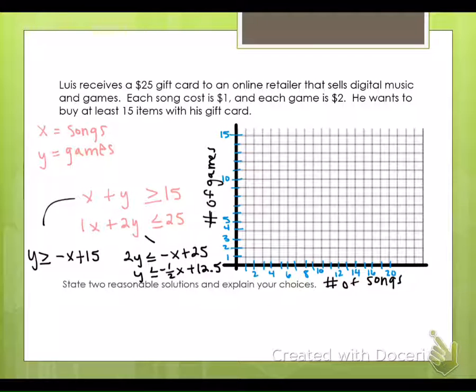Okay, so then I'm just going to plot my lines. So you plot your lines the same way. So I start at 15 and I go down 1 over 1. And I can connect it with a solid line.